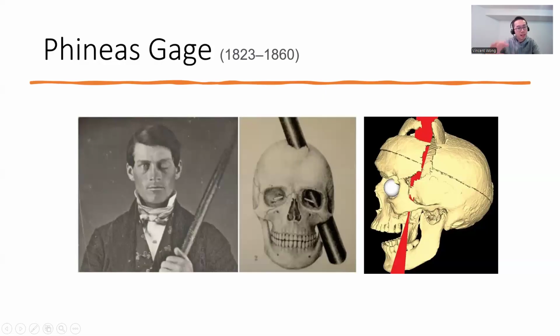But aside from that, there was a drastic shift in his personality in general. And that's when they tried to figure out if it was the frontal lobe that's responsible for personality, and they started to study more about the damage to the frontal lobe and the changes in behavior in the person. So we can look him up.